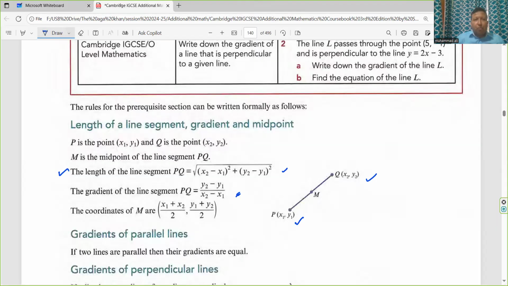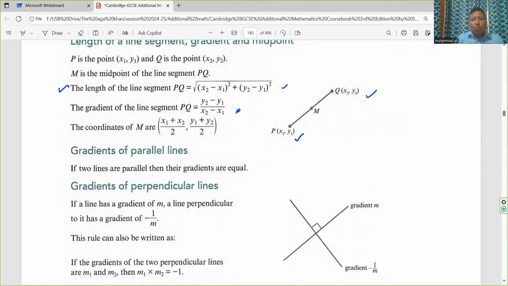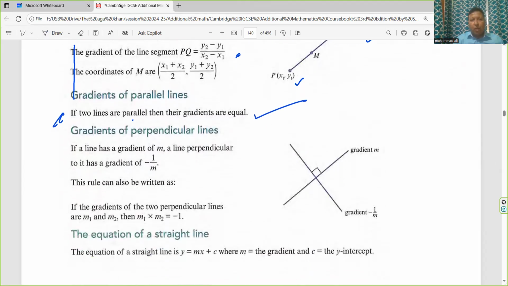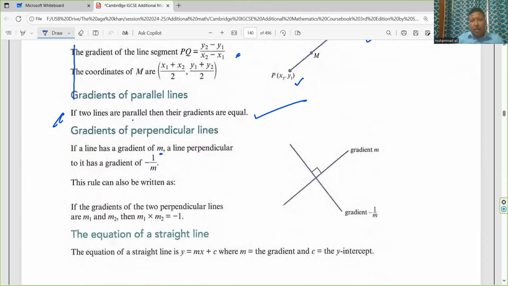Now, if two lines are parallel, what happens? Their gradients are equal. But if two lines are perpendicular, if a line has a gradient m, a line perpendicular to it has a gradient minus 1 by m.